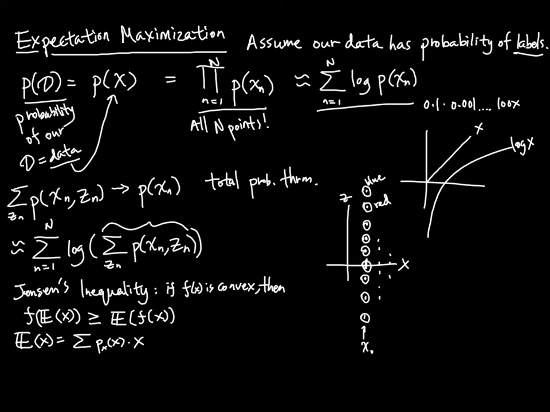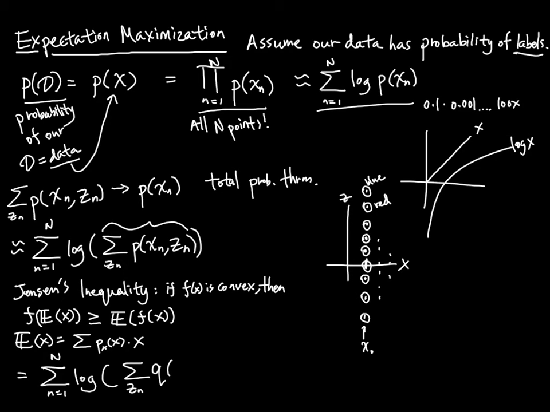So now our equation is going to look like, and we'll continue this on the next slide, log sum over Zn. Now we're going to have another probability distribution that we just came up with, we don't know what it is yet, but we're just going to add it in there.